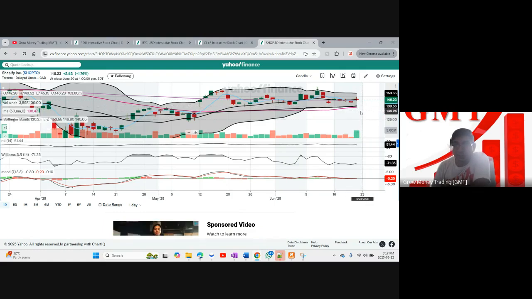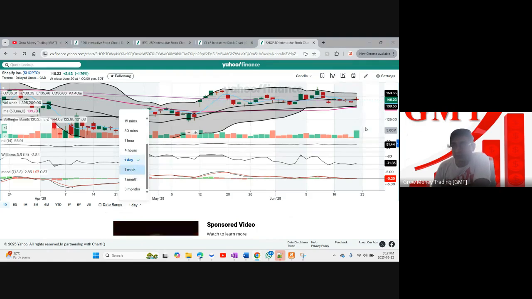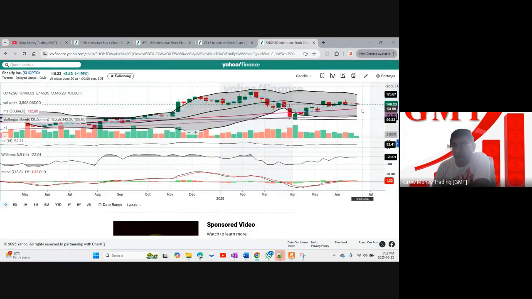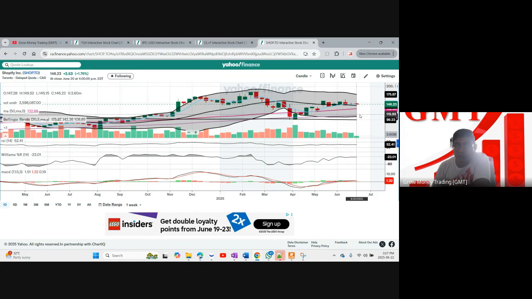The lower Bollinger Band here, close to $139.40, would be the first support to watch for, and if it drops further, then the next level would be 133, and if it drops further, then the next level to watch for would be close to 113, which is almost $33 down. So that would need a drastic sell off.